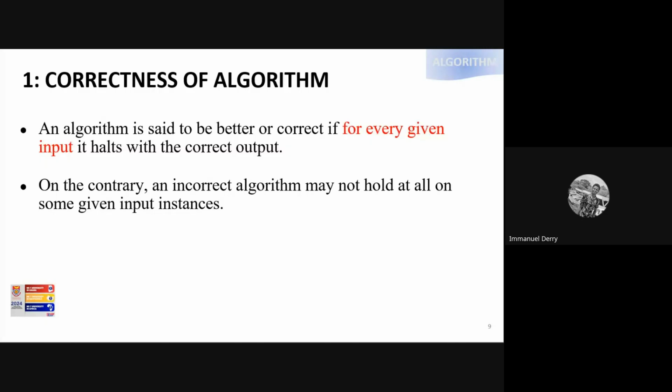In some cases, the format of the input might not be suitable for the algorithm, so it will terminate without giving the correct output. In that instance, it doesn't mean the algorithm is not correct. It is just that the input format is not appropriate for that particular algorithm.